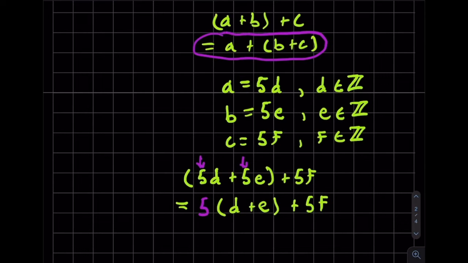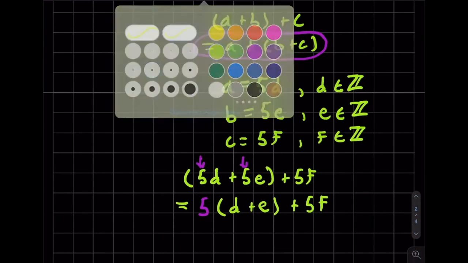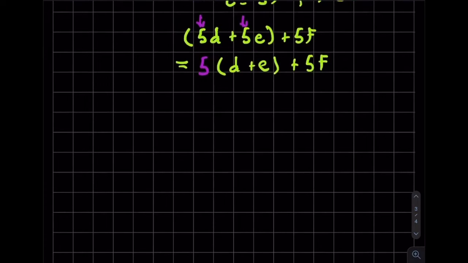We just have to make sure that we can move those parentheses around. So let's see how we may be able to do that. If I pull the 5 here and the 5 here, if I factor those out now, I've got a 5. Now I'm going to add some brackets because we're going to end up with multiple parentheses: 5 times (D plus E) in parentheses plus that F.